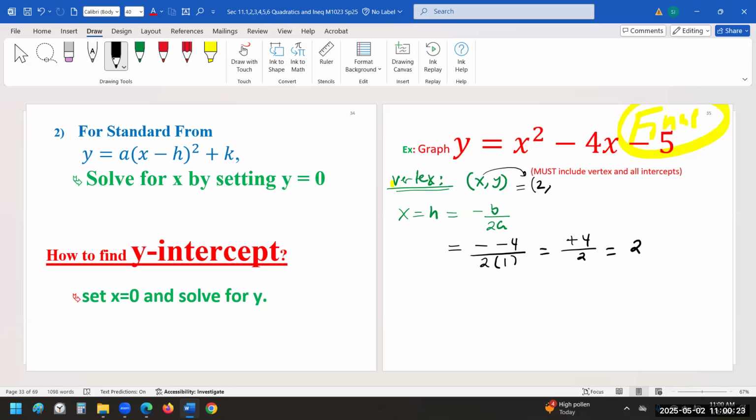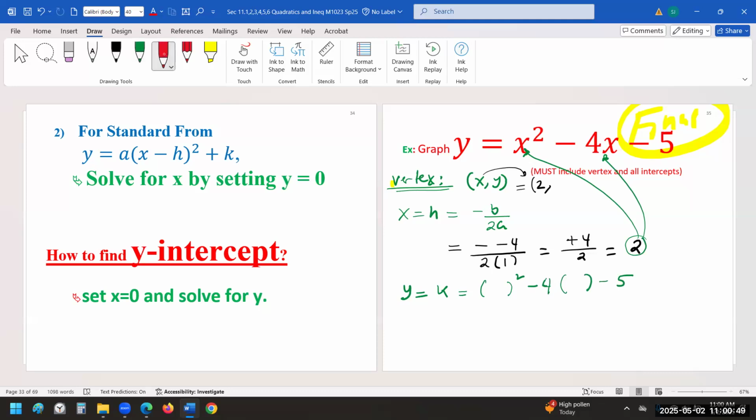Now there is no formula for y. So what we do to find the y, which has a special symbol k, is substituting x into the function and then you get the y. So x squared minus 4x minus 5.